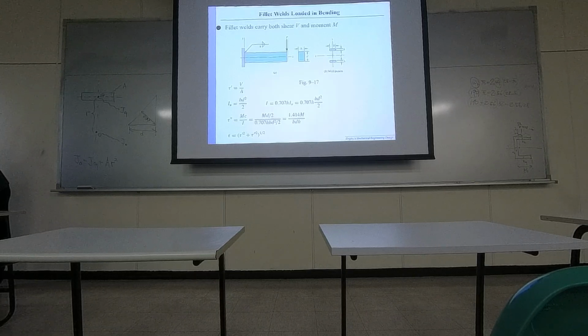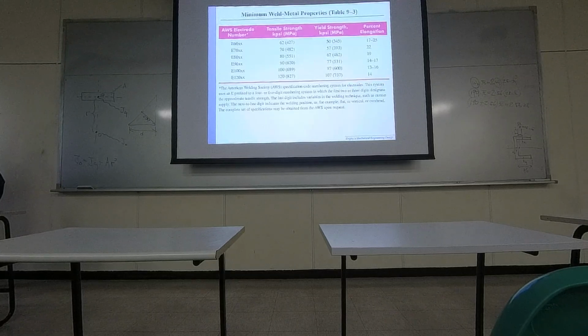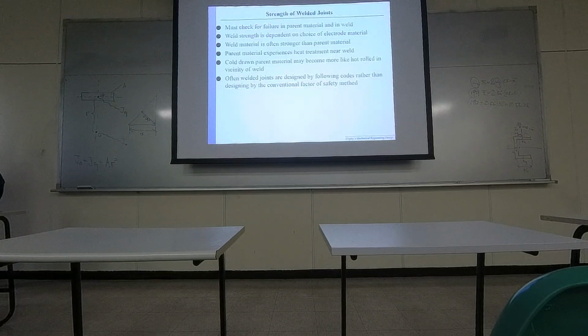No, it's different. It's for bending. So it's the area moment of inertia for bending. So it only provides I, it doesn't provide you J.